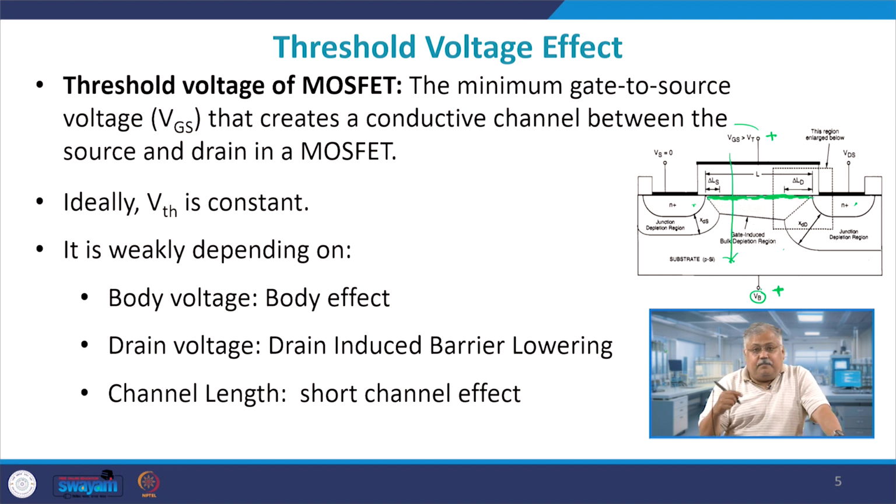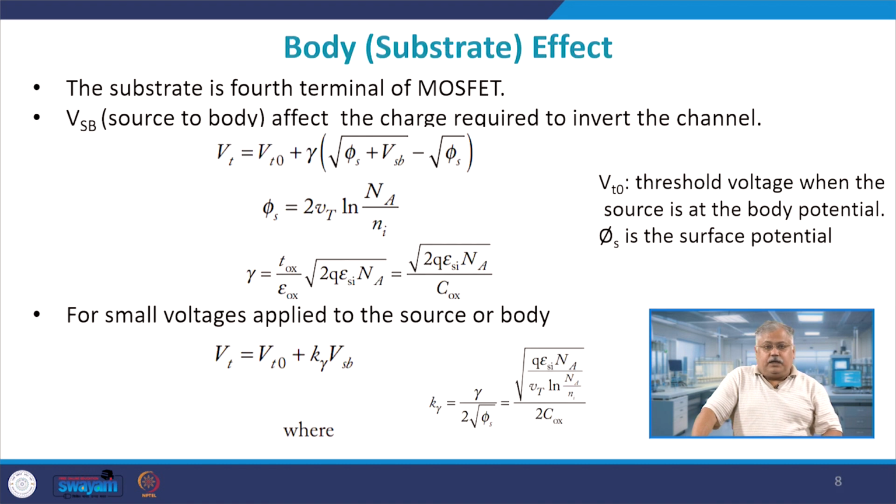When you make VB positive, this electric field will reduce, the effective electric field in the transverse direction will reduce, or I can say there will be another electric field which will be pushing the holes from the substrate onto the inversion layer, right. That is the problem with the substrate effect, which means that the substrate can actually change the threshold voltage of the device.